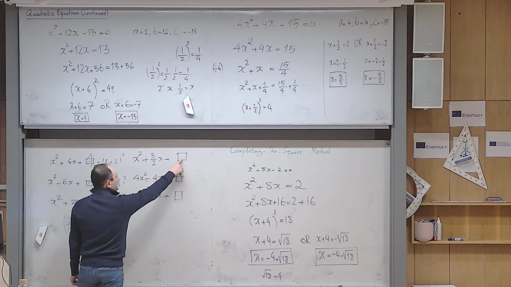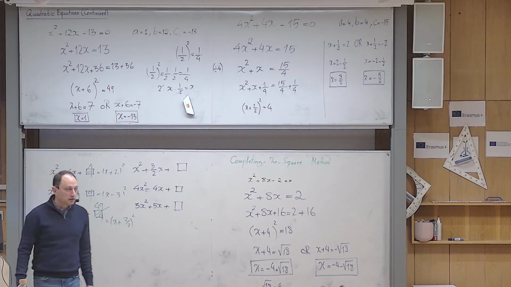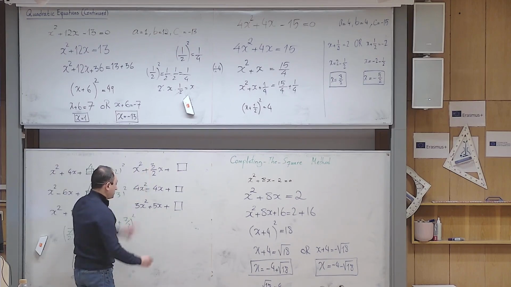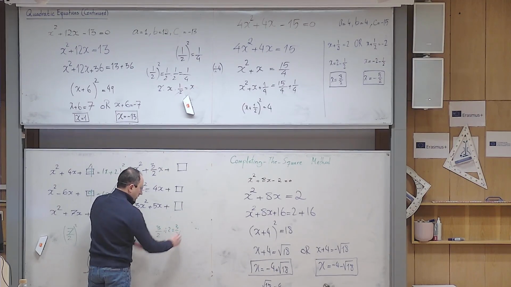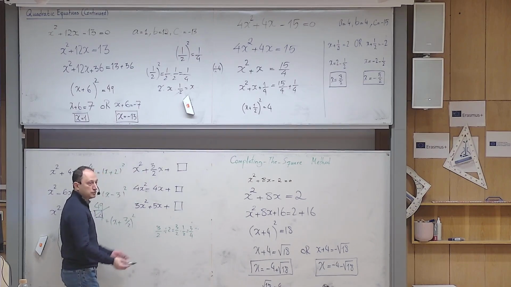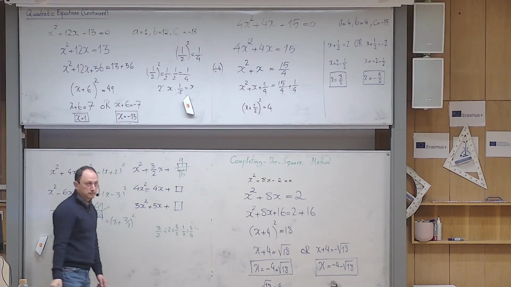Okay, what about this one? 9 over 16. Yes? Because you divide this by 2. If you divide this by 2, it becomes 3 over 2 multiplied by 1 over 2, which becomes 3 over 4. And then you square it. So it becomes 9 over 16.